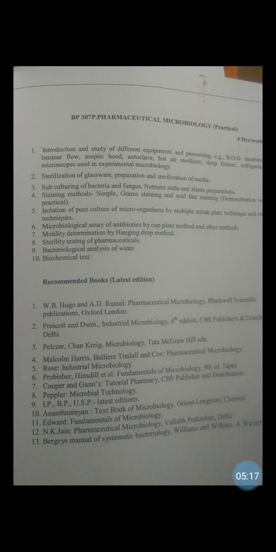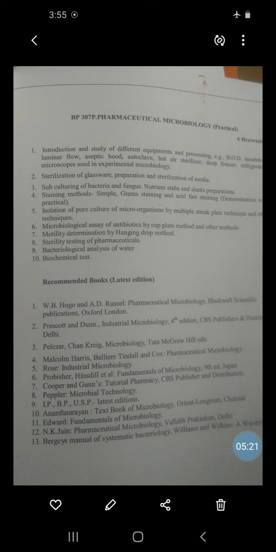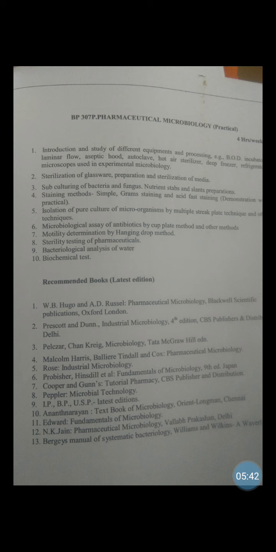Then the chemicals: carbol fuchsin, methylene blue, malachite green, and acid alcohol, that is 3% HCl and 95% alcohol.